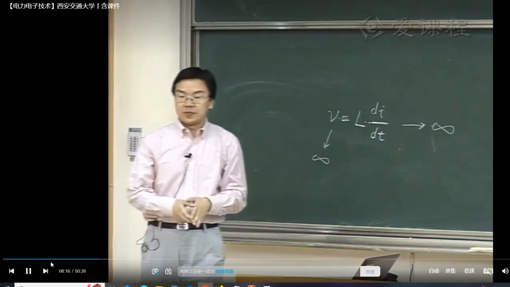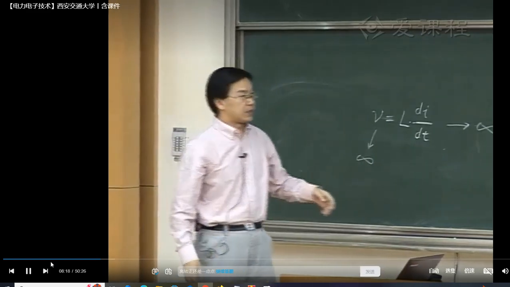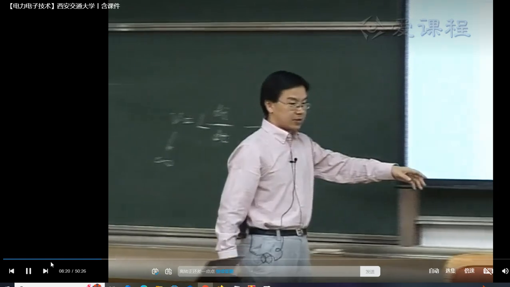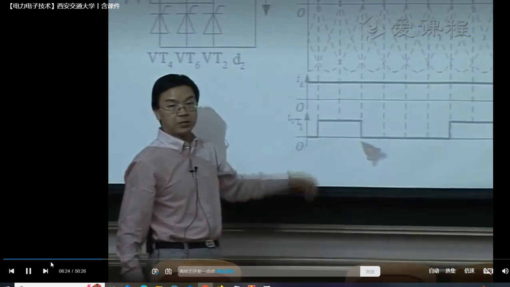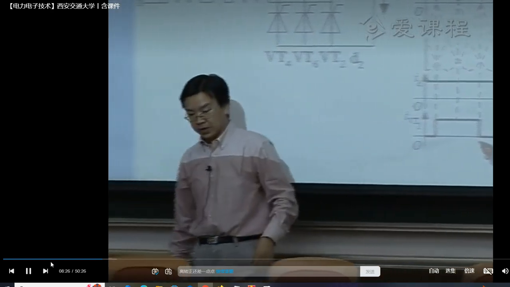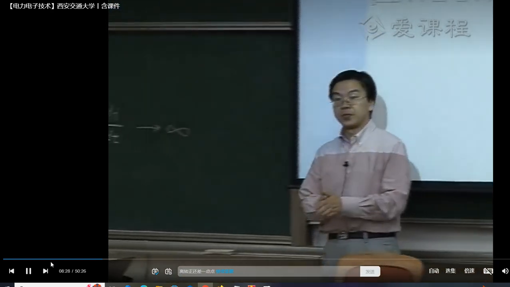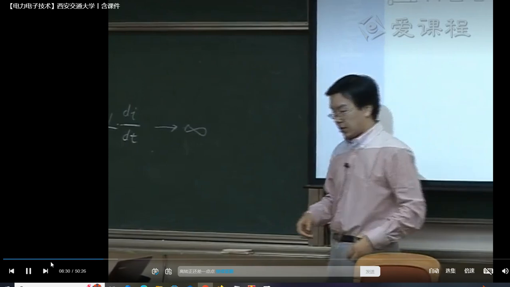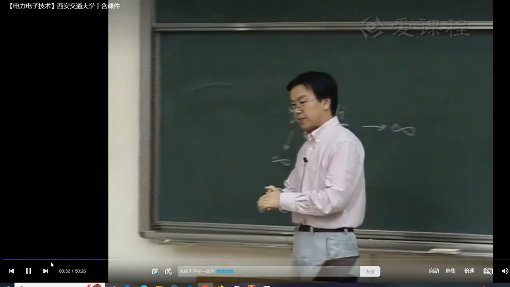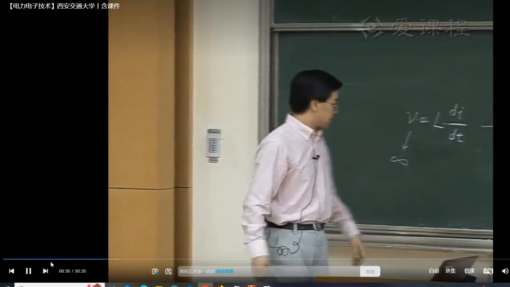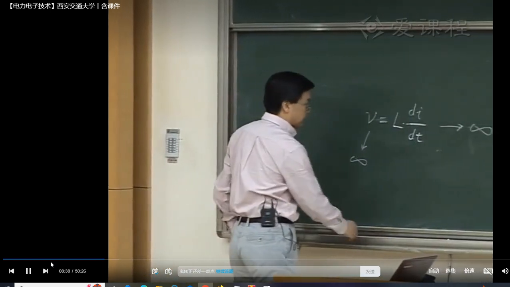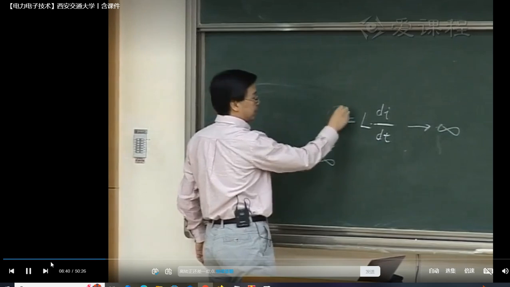Okay? That's the practical case. So in the practical world, if you have this instant change of current, there must be an infinite large voltage generated, and that's not good. Or in another way of thinking, in the practical world, this voltage cannot be infinite large.